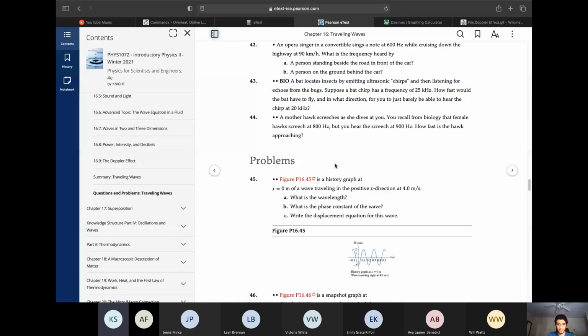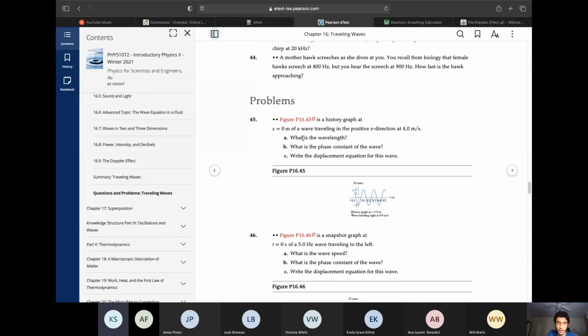Okay, so let's see. The following figure is a history graph at 0 meters of a wave traveling in the positive x direction at 40 centimeters per second.